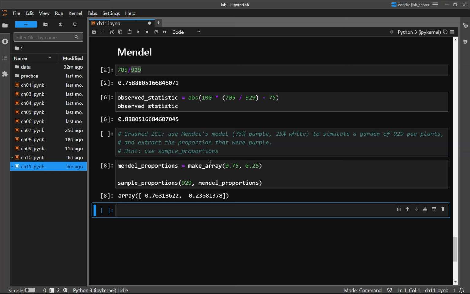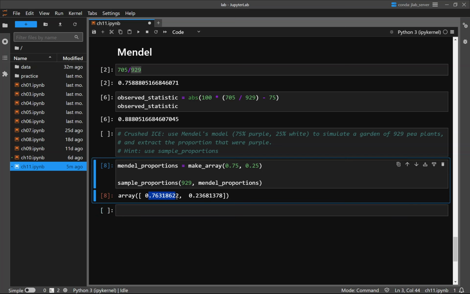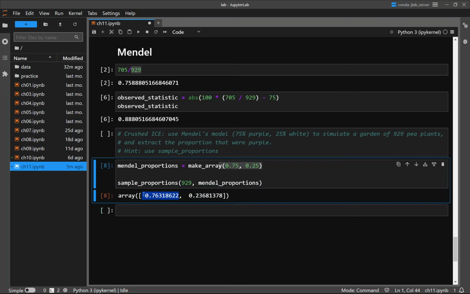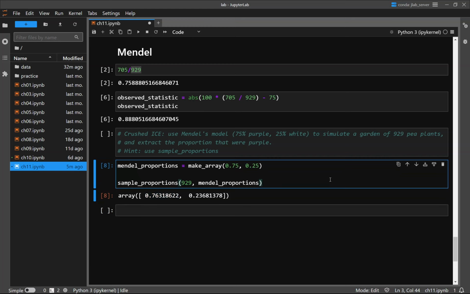And it looks like that's actually good for me, right? It looks like sometimes I'm getting even more. Even if it was exactly a 75-25 split, sometimes I'm getting even more purple plants, 76% in this sample drawing. That's helpful. That's firepower towards the null hypothesis.